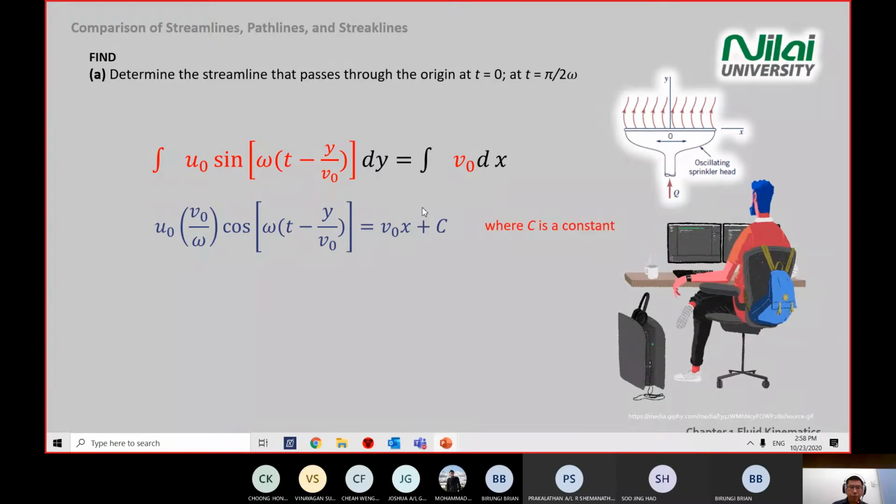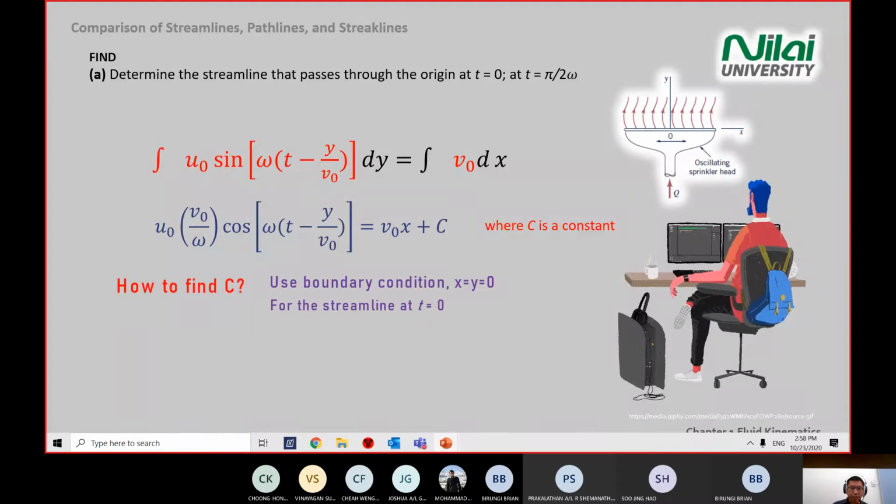Okay, now we need to solve for the value of the constant. So we just call out the coordinate that we know. For example, you only have 2 coordinates, x and y. In the question you have been given the coordinate already. All right, so when x equals 0, y equals 0, and for the streamline at t equal to 0.